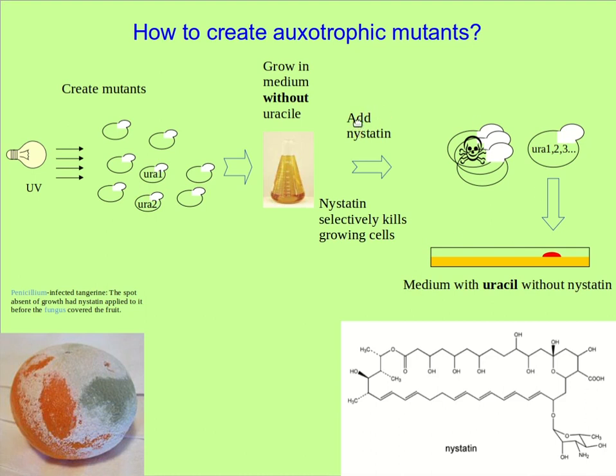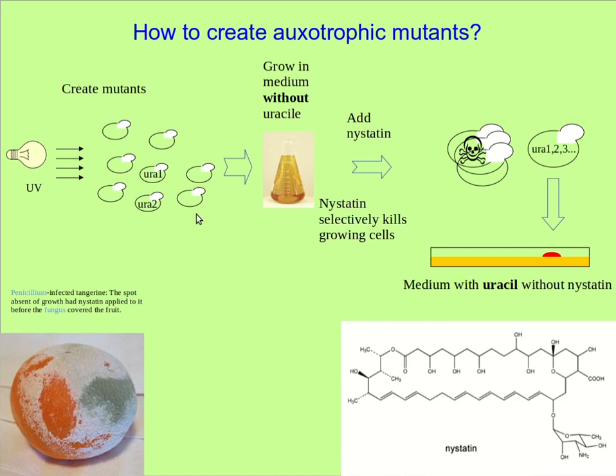Then we add nystatin, or some kind of similar antibiotic. This is the molecule, nystatin. It's produced by penicillin mold. And this antibiotic has a particularly interesting property. It kills cells that are actively growing. It selectively kills the growing cells.